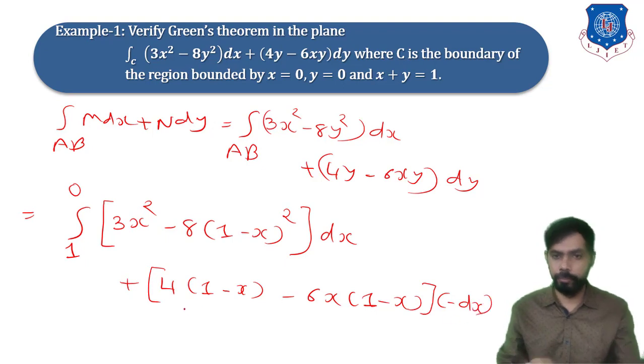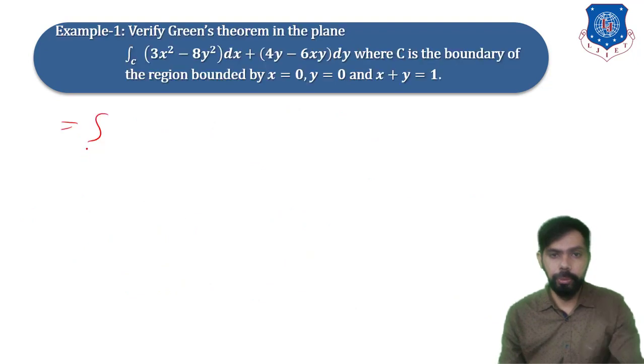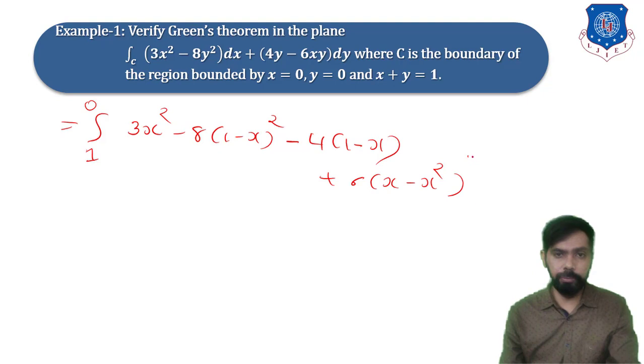Here it is minus dx. Now we will simplify this, so it will be the integration from 1 to 0 of 3x square minus 8 into 1 minus x, minus 4 into 1 minus x, plus 6x minus x, dx.